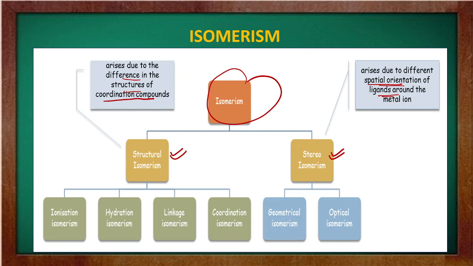They are further classified. Structural isomerism is classified as ionization, hydration, linkage, and coordination isomerism, whereas stereoisomerism is classified as geometrical isomerism and optical isomerism. Now we will look into them one by one.